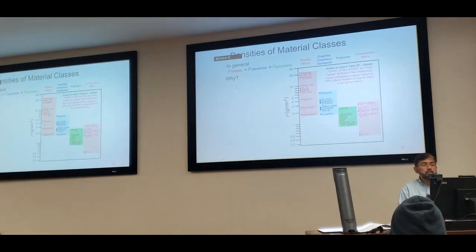So now, look at this one. This is a plot showing all the densities. The density of metals is the highest, followed by ceramics, followed by the polymers. Here you can see the graph, the density with respect to different materials.